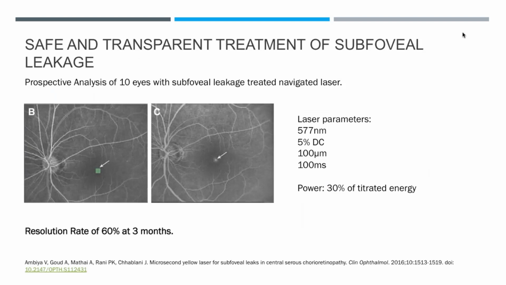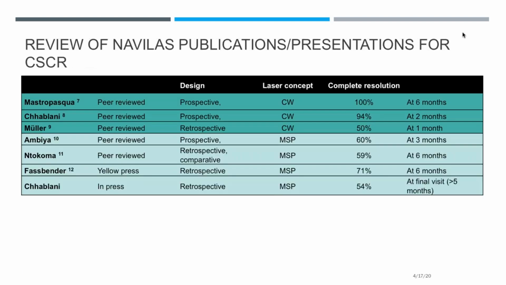A study published in Clinical Ophthalmology using the set parameters, very important, 5% duty cycle, and in this paper using yellow wavelength, showed that the leakage can be significantly decreased and the resolution of subfoveal fluid in 3 months reached 60% in this cohort.